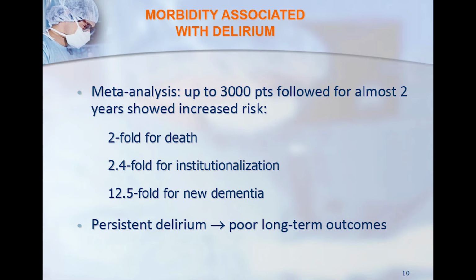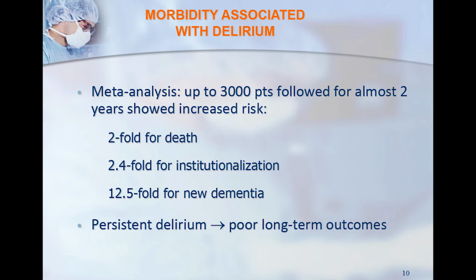Okay, let's talk about other information. If you have a patient with delirium, followed for 2 years, they have twice the chance of death in a 2-year period, 2 times the risk of institutionalization, and 12.54 times the risk of new dementia.